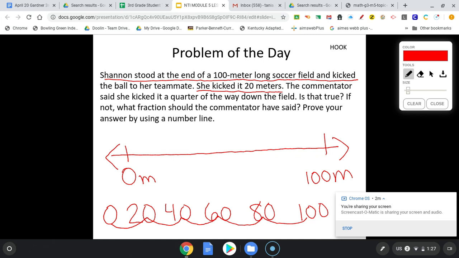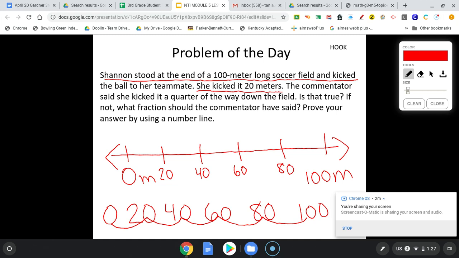So we need 5 equal spots on this line. 1, 2, 3, 4, 5. So this would be 20 meters, 40 meters, 60 meters, 80 meters, and we already have 100 meters.